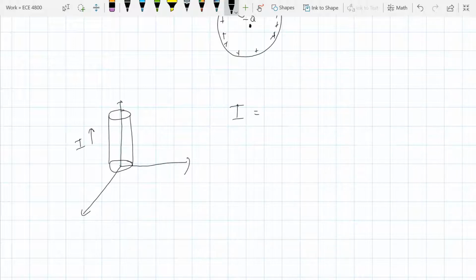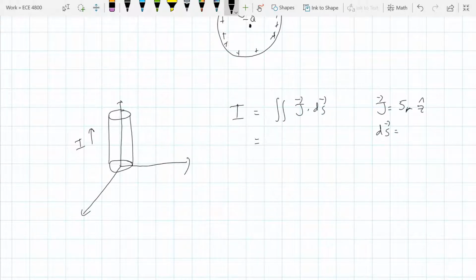I is equal to, keep in mind I is a scalar quantity, the integral of J dot ds. Whenever you're dealing with these dot products, it's good to write down the directions of the vectors as well as the limits of the integral. So J is equal to 5R, and what's the direction of J? It's in the z hat direction, right? Correct.